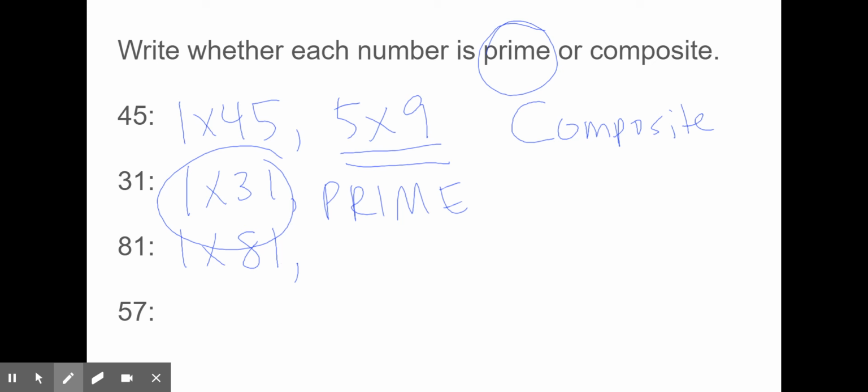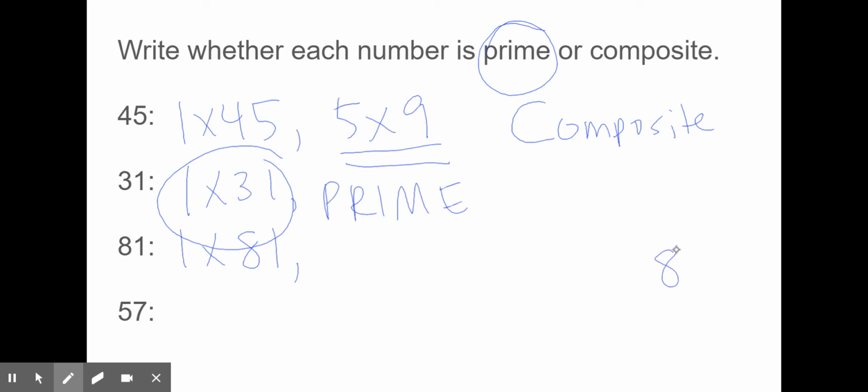Is 3 a factor? I hear a lot of you quickly saying no, because 81 is not typically a number you attach to 3. But wait a second, let's check it out. What is 8 plus 1? 9. Is 3 a factor of 9? Yes. So 81 and 3 do go together.